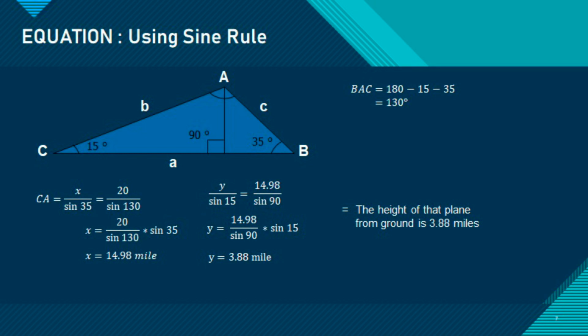Our final calculation is y equals 3.88 miles. So my final answer is that the height of the plane from the ground is 3.88 miles.